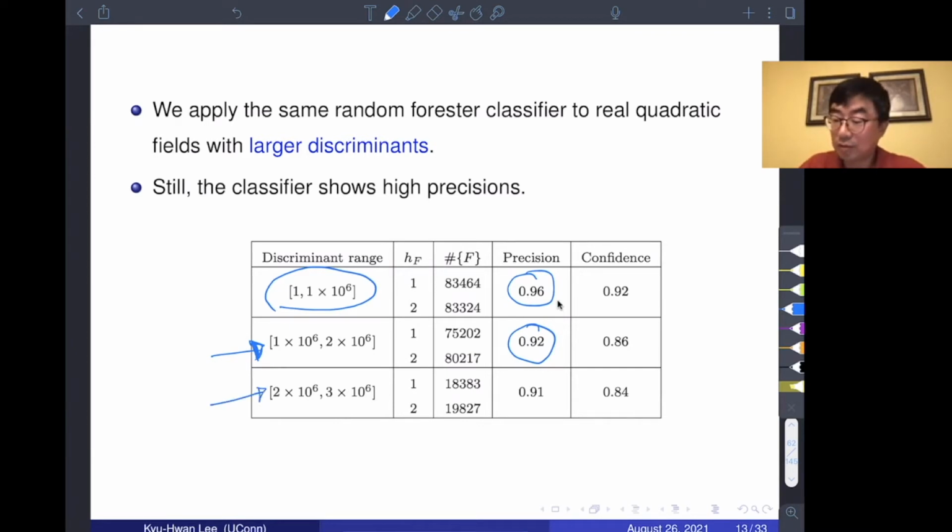And then we went further. Now it's far away from the original discriminant range, but still the precision was quite high. So that means this classifier has information about class numbers. Okay, that was the first experiment.